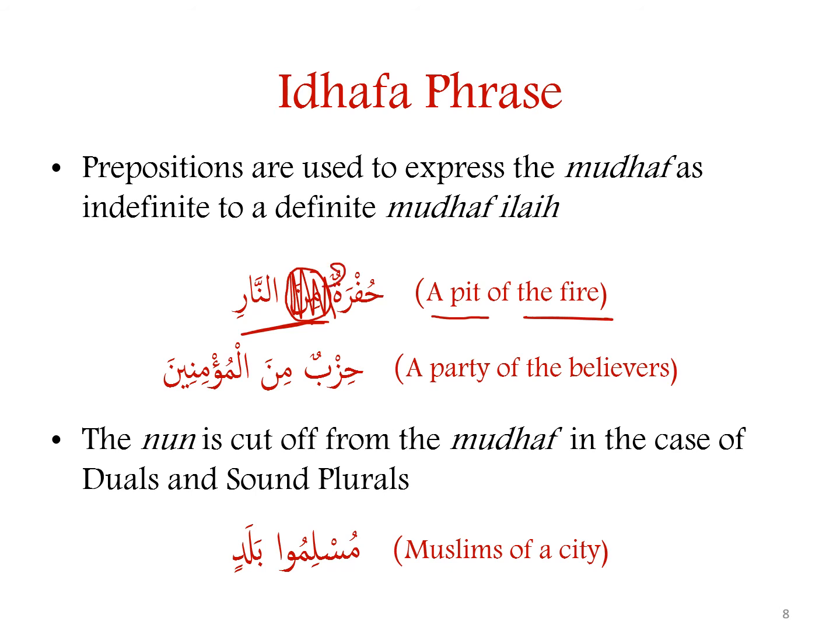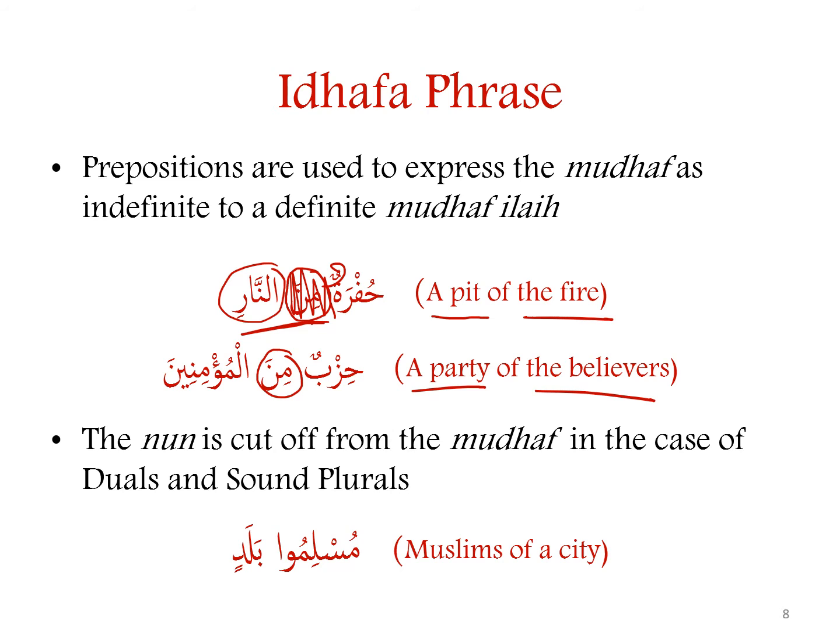Hufratun nari, then this would mean the pit of the fire, because the mudaf ilay is definite. But by putting the preposition here, so hizbum min al mu'minin, then I can have a party of the believers, so an indefinite mudaf to a definite mudaf ilay. So you'll see this in the Qur'an sometimes.